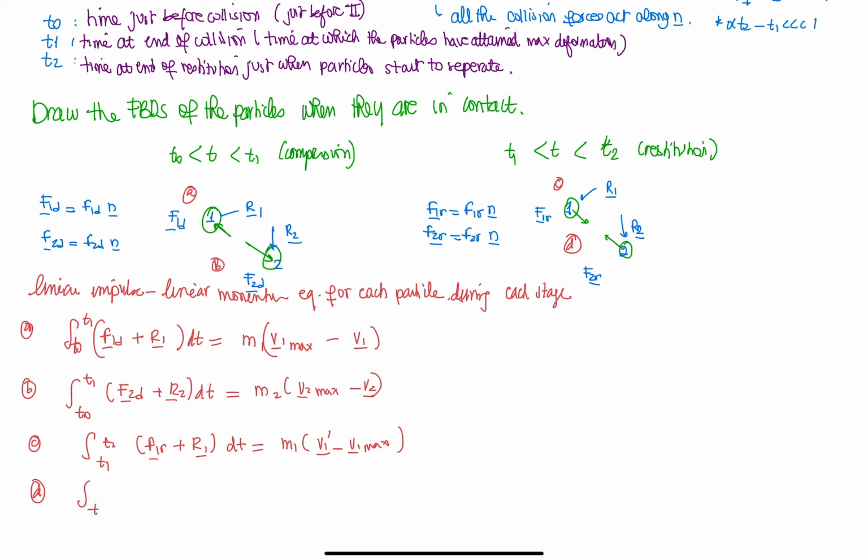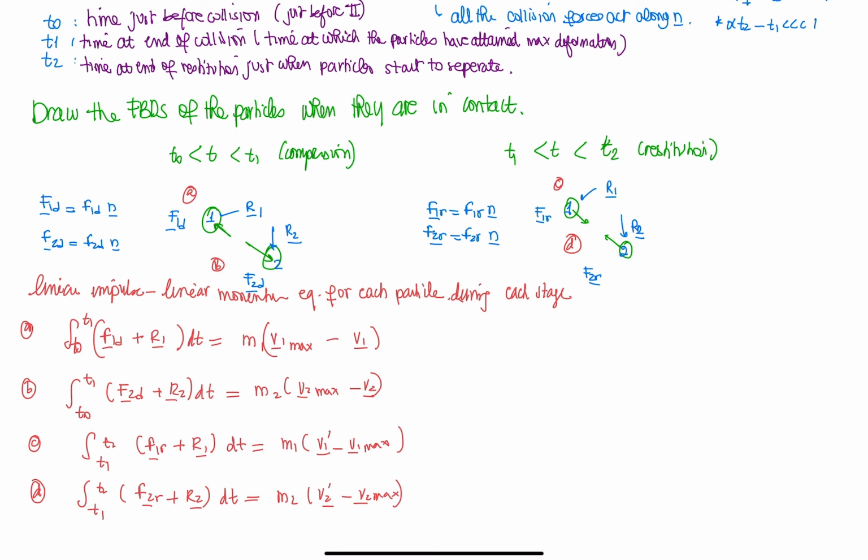And T1 to T2 of F2r plus R2 dt is equal to m2 times v2 prime minus v2 max.